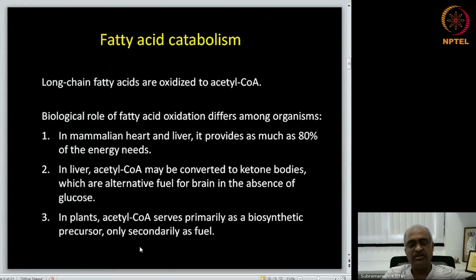You may have heard some people following a diet plan called keto diet or paleo diet. Any of you are aware of anybody who follows that kind of a diet? Where they do not eat carbohydrate, but they eat a lot of fat and protein. You are allowed to eat butter as much as you want, meat as much as you want, but you are not allowed to eat rice or wheat.